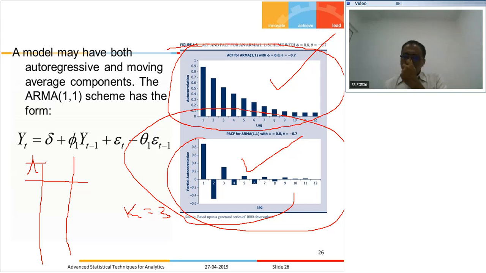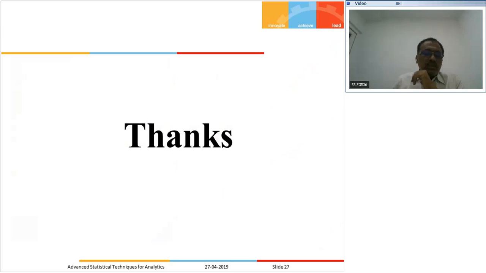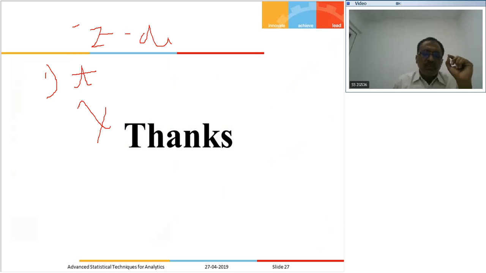I'll try to share what things we can focus on with one example. Coming to examination, one thing: in the mid exam we restricted ourselves only to Z distribution, because only that values table was given. Now you can expect problems where we have to use T distribution as well as chi-square distribution.